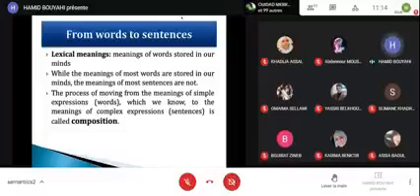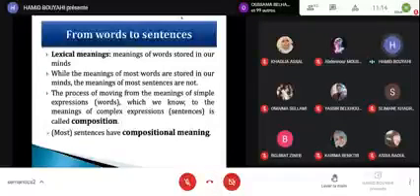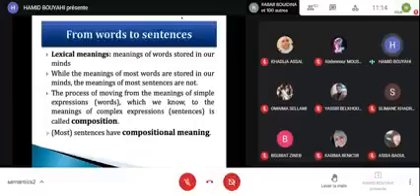Okay, let's move to the next. So most sentences have compositional meaning. We say most sentences. Why? So not all sentences. If you follow the logic, normally sentences are made up of words, and we bring the meanings of words together, and we get the meaning of a sentence. But is there an exception? Is there a sentence in which, if we combine the meanings of words, we won't get the meaning of the sentence?